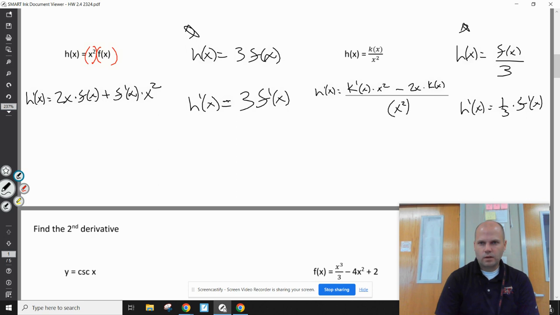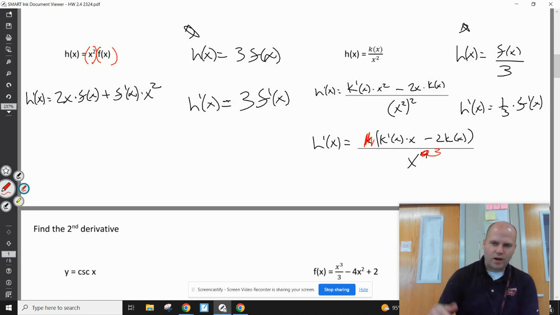X squared squared is x to the fourth. Maybe you could factor out an x from the top and cancel with an x on the bottom. Only simplify fractions if it's factored, if you have products. Never simplify over addition. It never works.